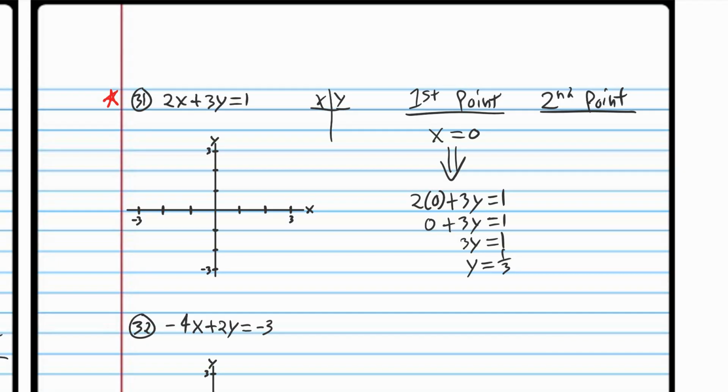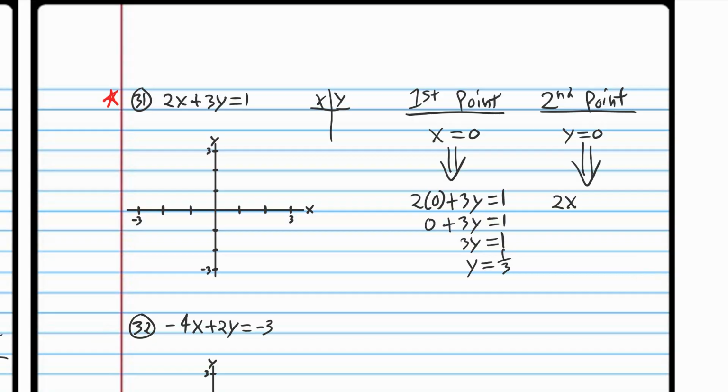So because we have 1/3, we can't use this scale. Well, actually, we can use it. It's just not going to be easy because our points are going to be too close to the origin. And remember, this is the origin here. So we're going to have to change the scale, but let's go ahead and find the other point first. So let y equal 0 for this other point.